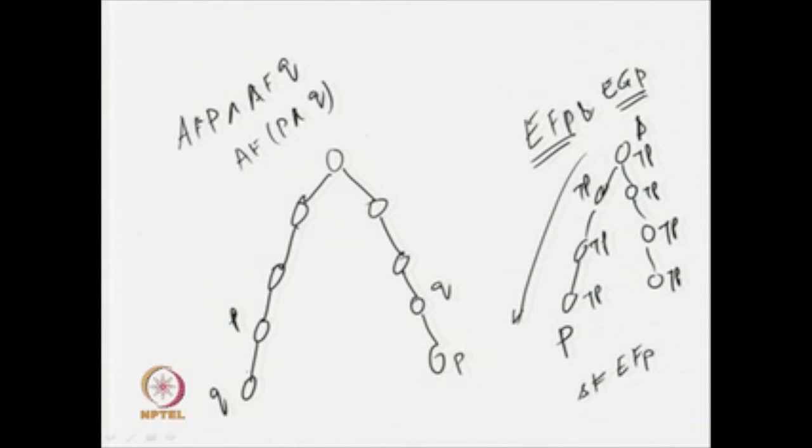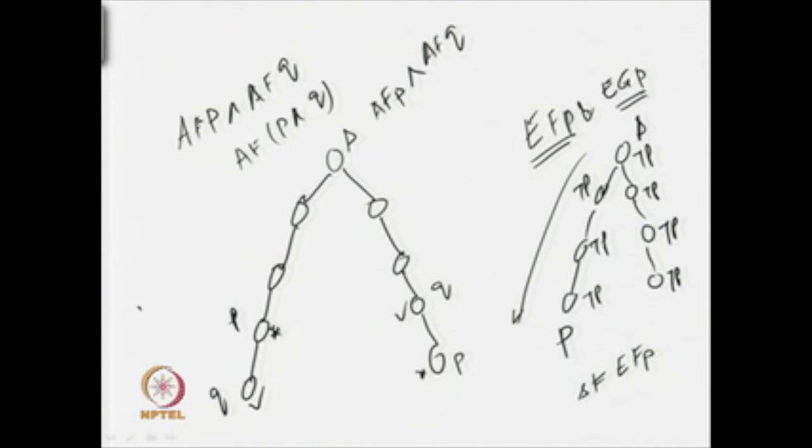In all paths, if I look into these particular things, I am going to say that in all paths in the future P is true, because if I go along this particular path, I am getting this particular state where P is true. If I go along the other path, I am getting this true as well. And AFQ, if I go along this particular path, Q is true over here, and if I go by the other path, then Q is true over here. So, along all paths AFQ is true.